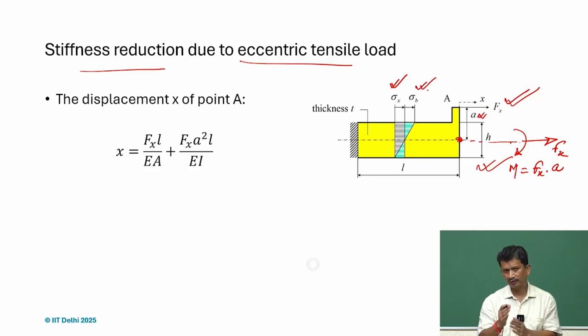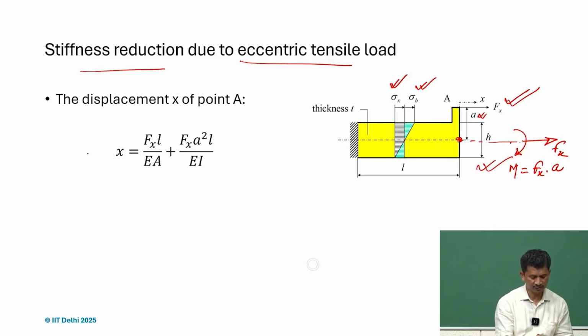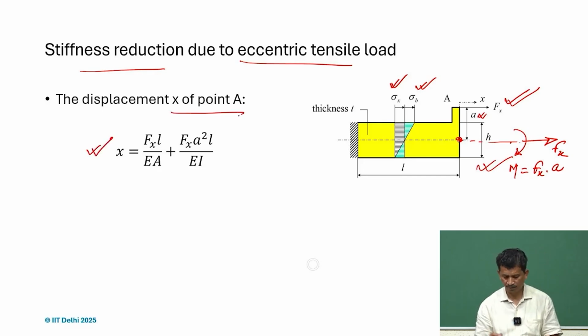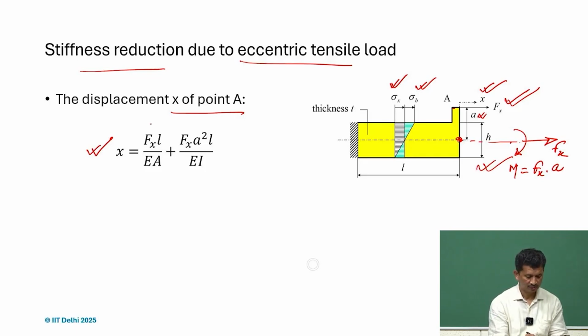So now you realize the stress distributions are different, and at the top there is one contribution because of sigma x, but another contribution due to sigma b as well. And therefore the deformation, if you are talking about the displacement x at point A, this is because of the axial deformation, and this is because of the bending.